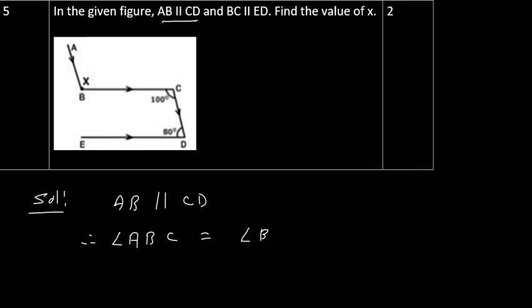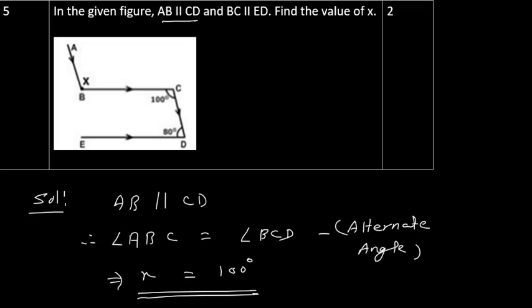What is the reason? They are alternate angles. Now angle ABC, what is the measure of this angle ABC? It is x. So this implies x is equal to 100 degree. We have to find only the angle x. So we got the value of x.